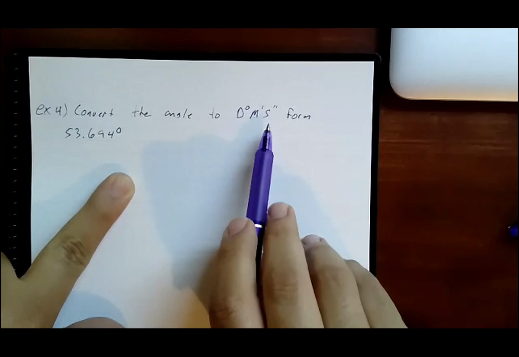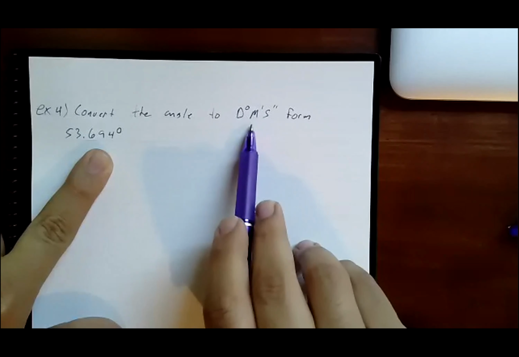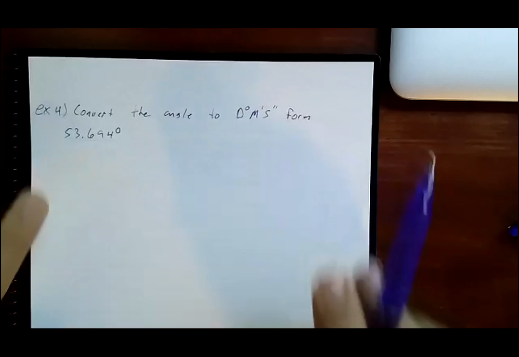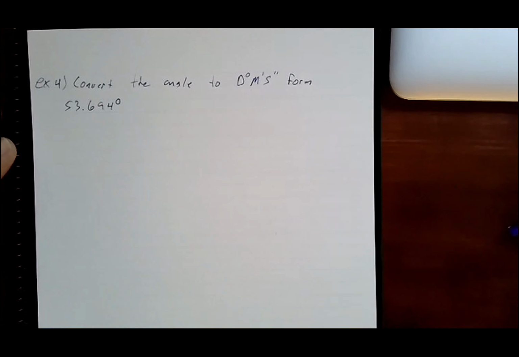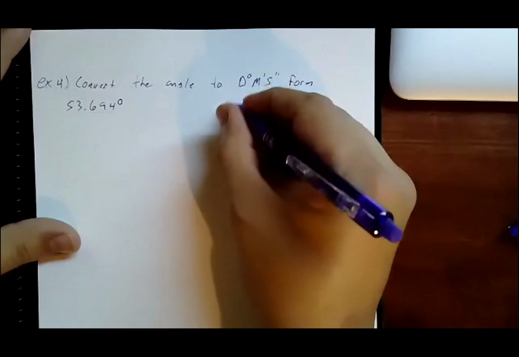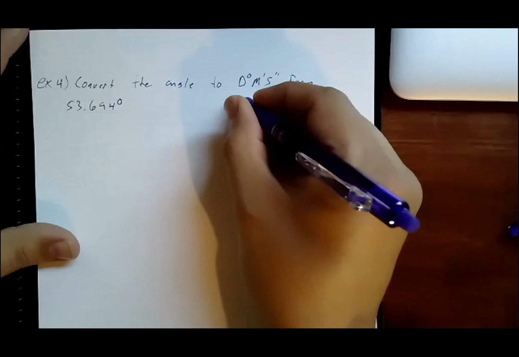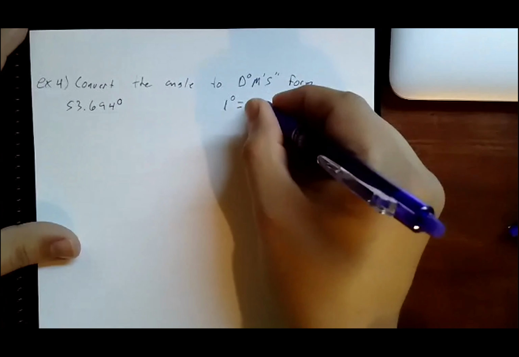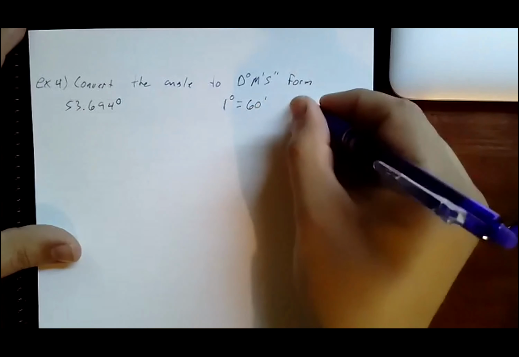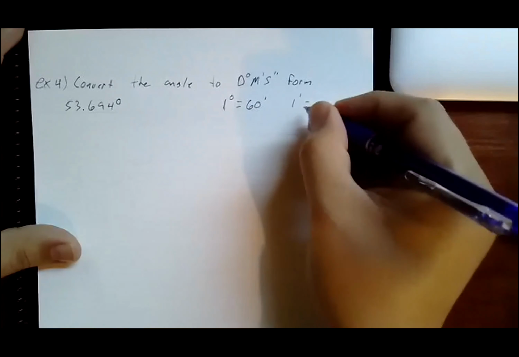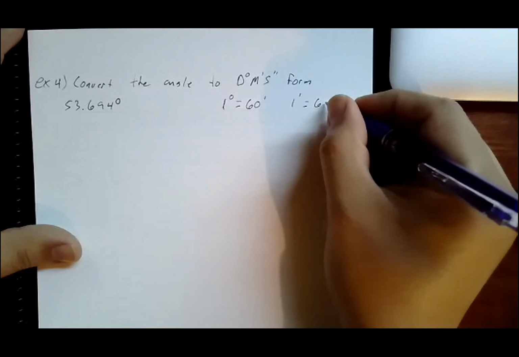So anything that's in decimal form that's left during the conversion, you'll leave that for the next part. So let me show you what I'm saying. Let me write my formulas here. 1 degree is equal to 60 minutes. 1 minute is equal to 60 seconds.